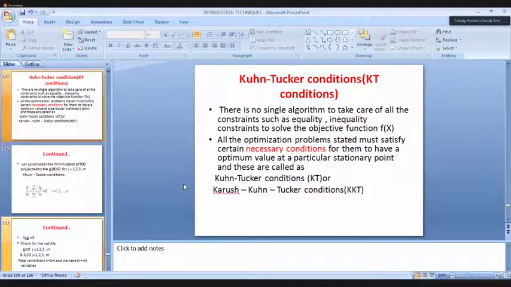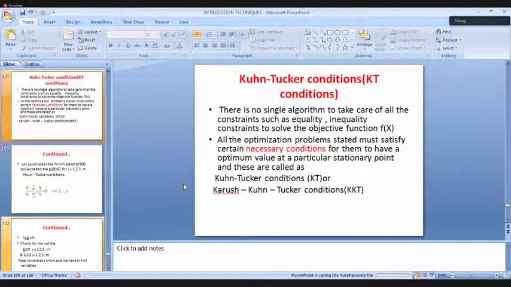Sir, could you briefly tell me once again about the Kuhn-Tucker conditions? I'll tell you. In Kuhn-Tucker conditions, we take one function which we have dealt with already, called an objective function. That can be minimization or maximization of a function. But we have not yet solved a problem which involved an inequality constraint.